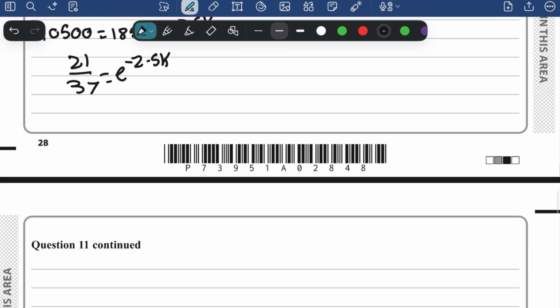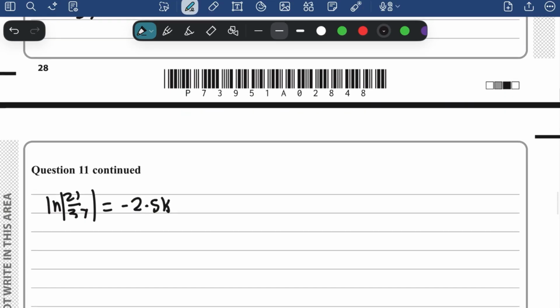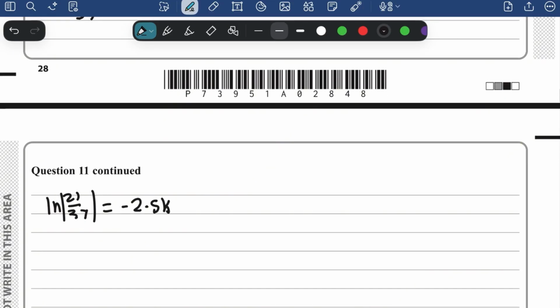Then we can ln both sides to get rid of the e, right? So ln 21 over 37 equals minus 2.5K. And then we will just put it in the calculator to get a value, right? And then we'll divide that by minus 2.5 and we get that K equals 0.2265.